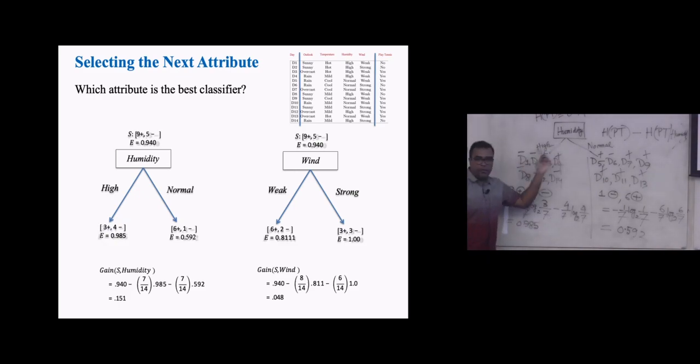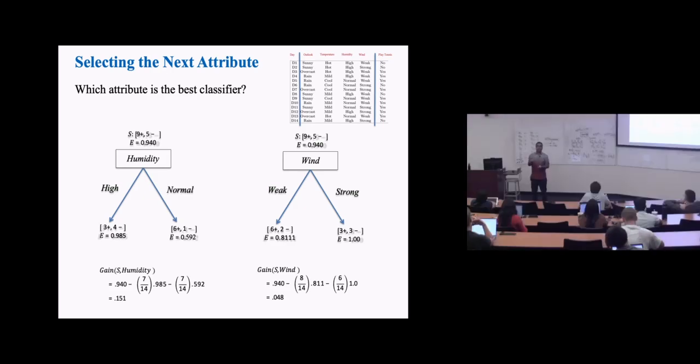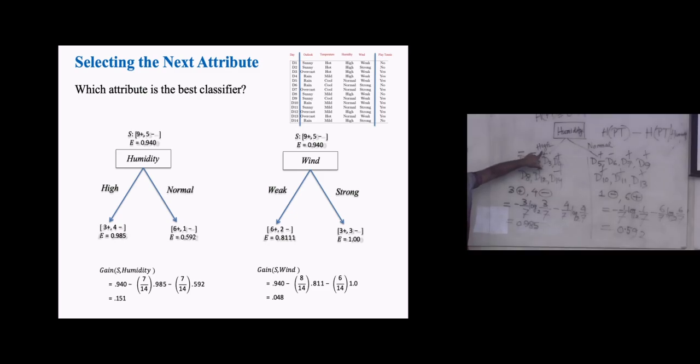But if I don't know it, like what is the humidity, then what should be my expected uncertainty if I know humidity? Just assume that I know what the humidity value is. If I assume that somebody tells me, but I don't know it yet, I'm going to know. What should be my expectation of uncertainty? You just need to take a weighted average of these two. And how do you weight? You weight by how many cases you have high and how many cases you have normal.